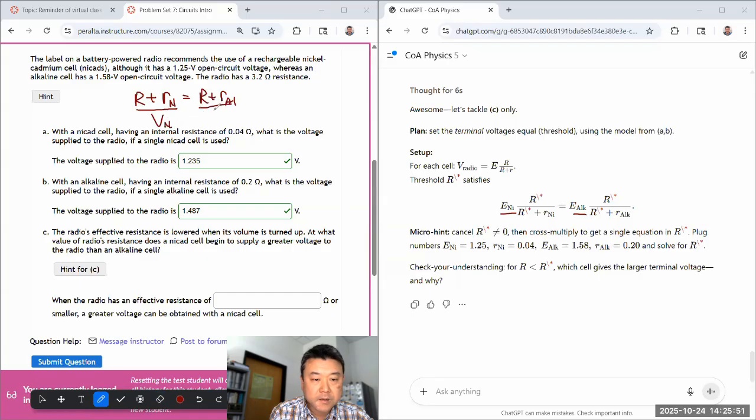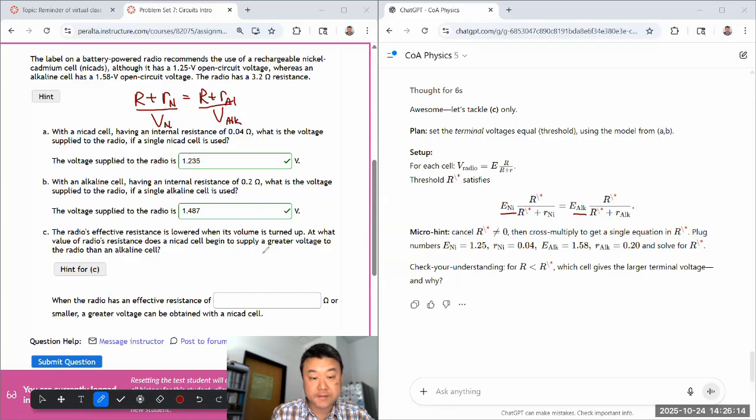V NiCad divided by V alkaline. Get a single equation for R, plug numbers in.